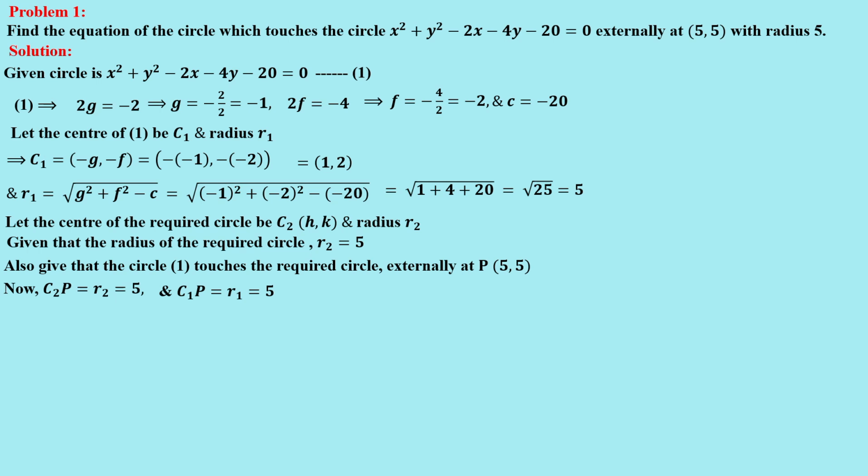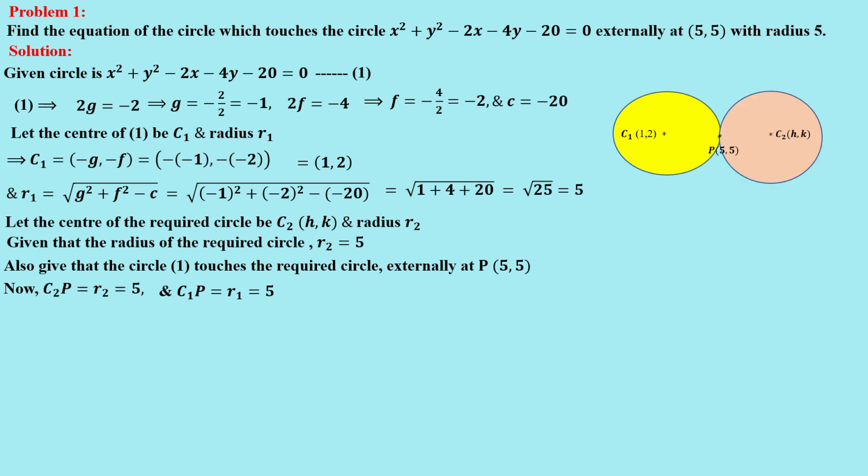P is the point of contact of both the circles, right? So from the center to P, r2 for the second circle, and from the center to P for the first circle, that is r1. So this is c1, 1 comma 2, this is c2, h comma k.